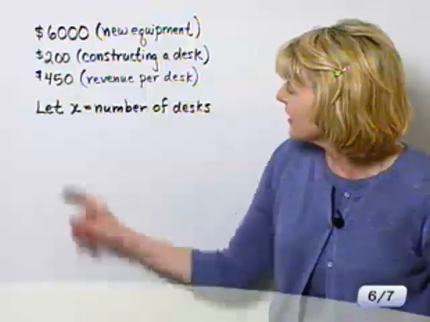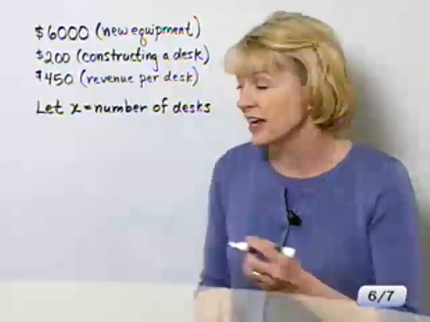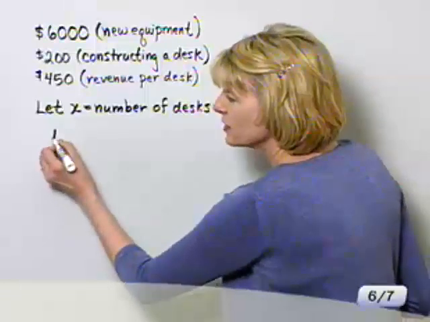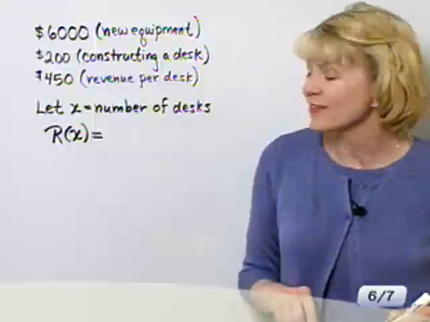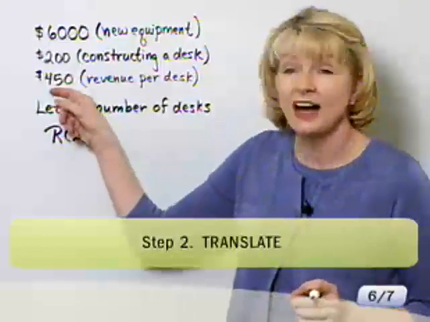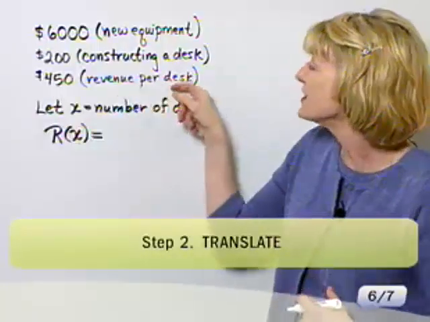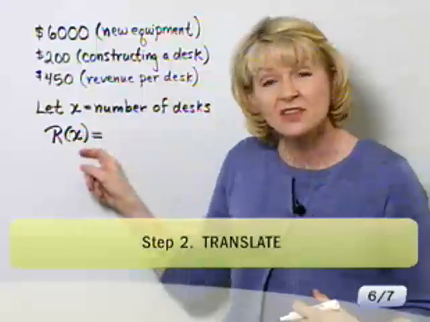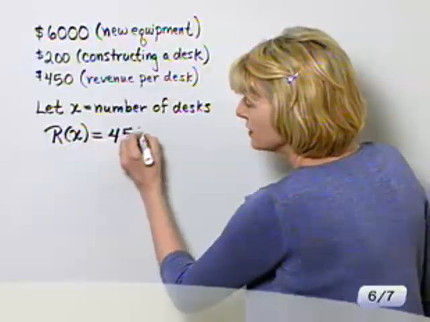Now I'm letting x be the number of desks, computer desks. So let's write down the revenue function and I'll call it R of x. If we are bringing in $450 per desk, the revenue function is simply 450x.